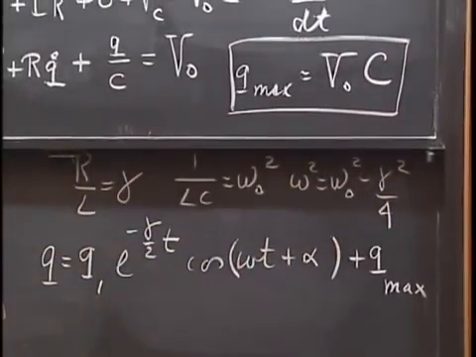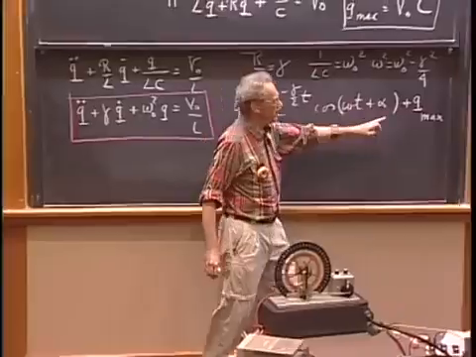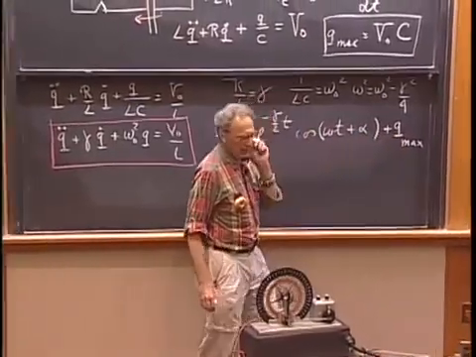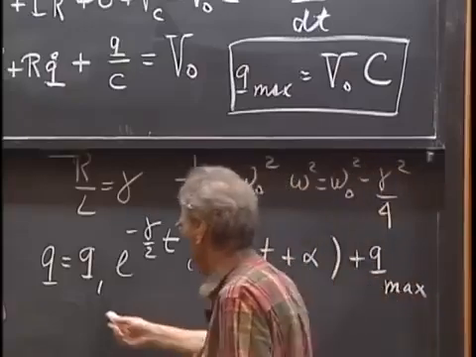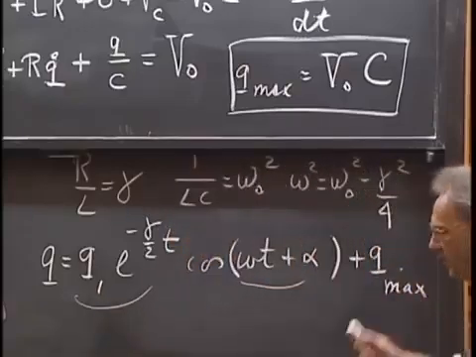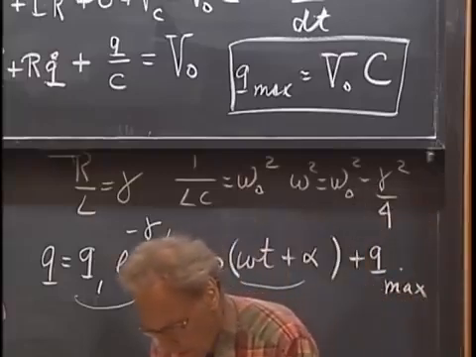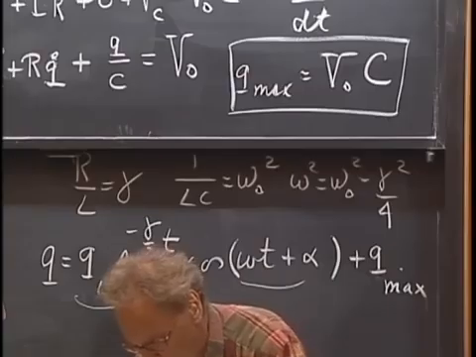So do it your 18.03 way, or do it with brains, and then you will immediately agree to this solution to the differential equation. So you see here the decay, you see the oscillation, and then when you end up, you must end up there with a fully charged capacitor.